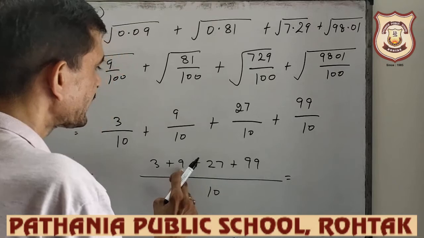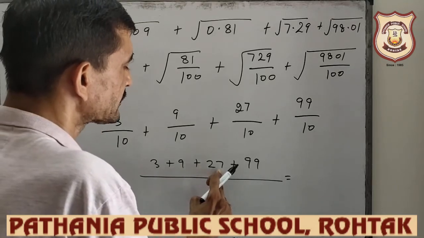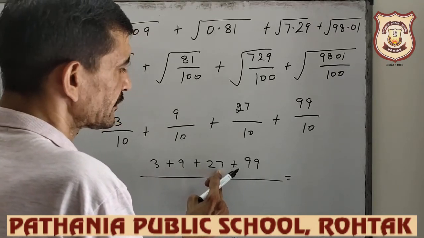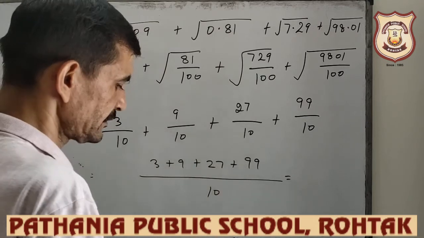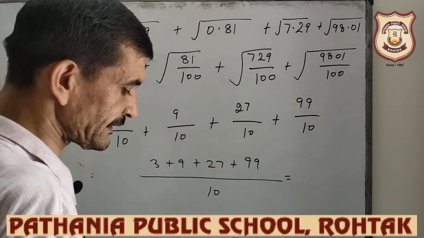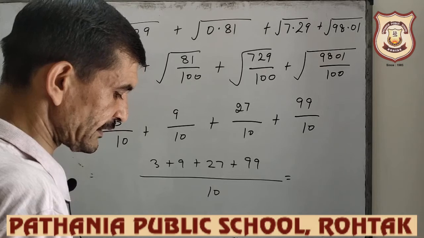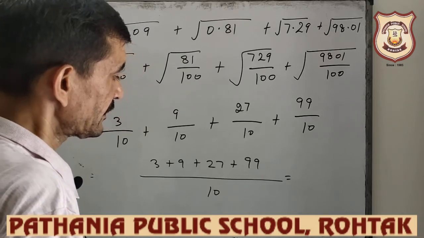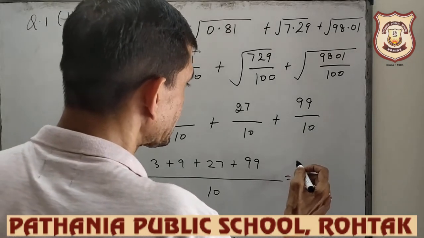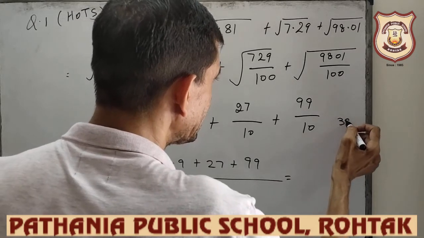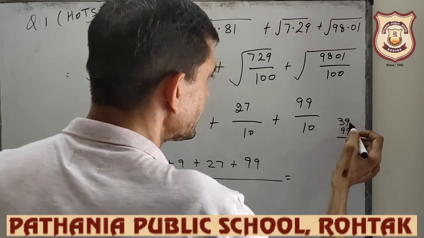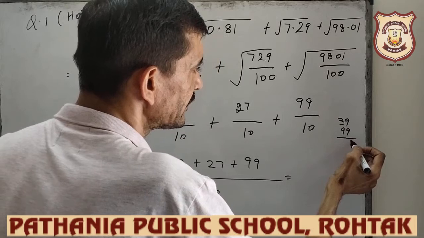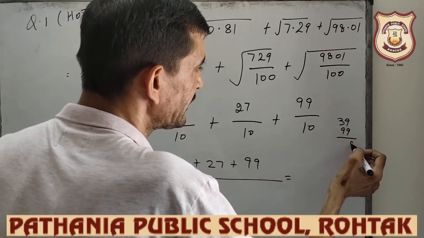What is it? 3 plus 9, 12. 12 plus 27 is 39. And 39 plus 99 is what? 9 and 9, 18.